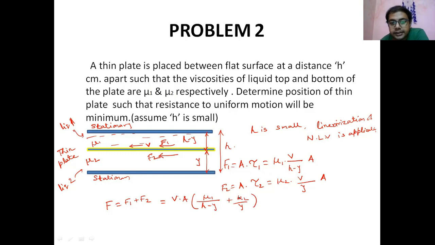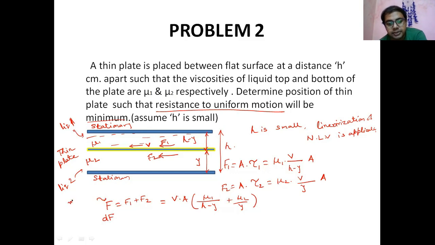Here they are asking to determine the position of the thin plate such that the resistance to the uniform motion will be minimum. That means the resistance will be minimum when the force is minimized.